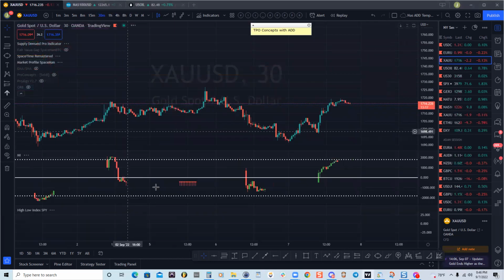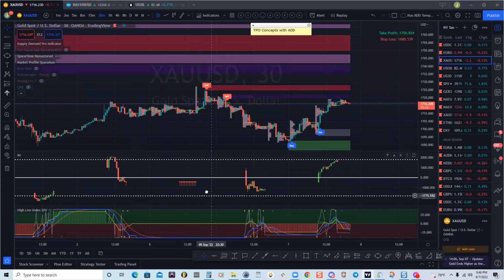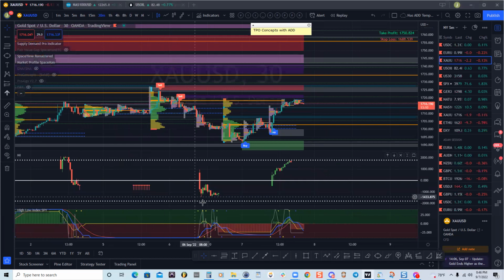But the high-low index is an important factor too, because it helps out too. I'm just trying to see what parts in here you need. Probably the histogram, I'm not sure. But there are always ways to tweak this.